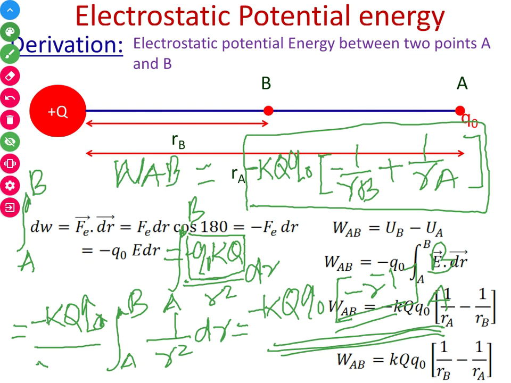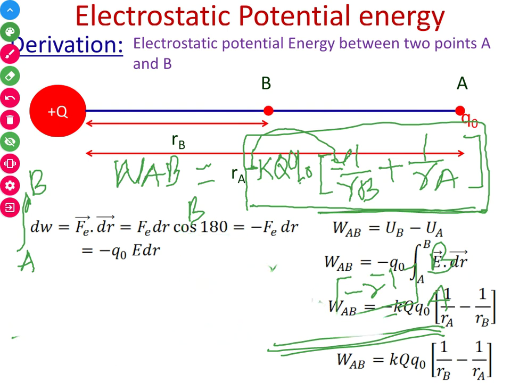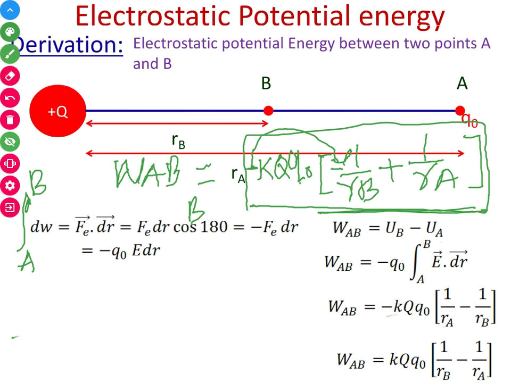Now if we multiply KQQ naught into this equation, the final expression becomes like this.